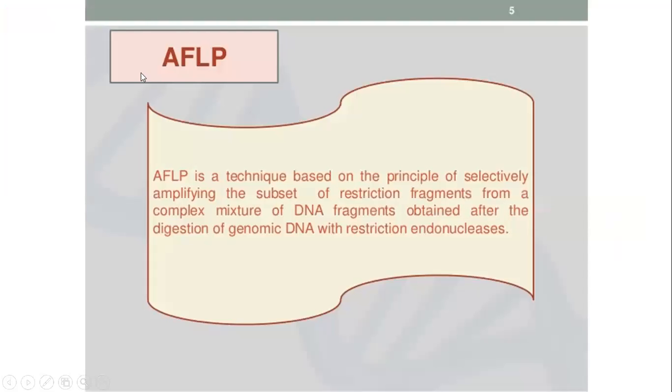How does it happen? The AFLP technique is based on the principle of selectively amplifying a subset of restriction fragments from a complex mixture of genomic DNA digested by restriction endonucleases. So basically, the first step is common to RFLP.